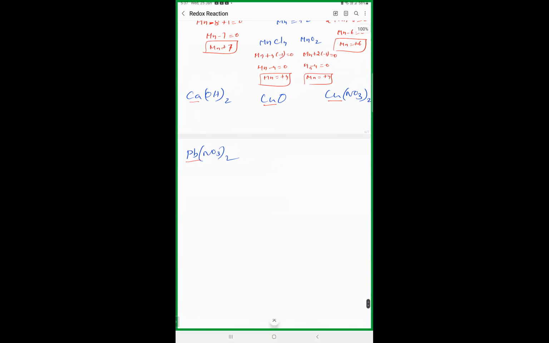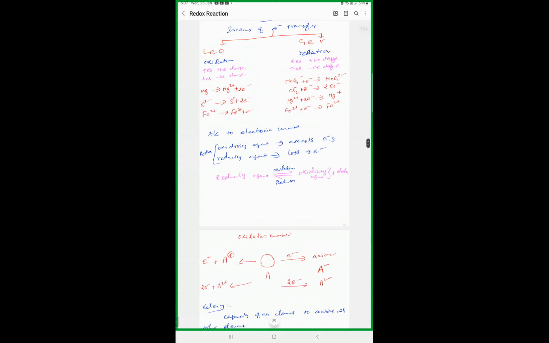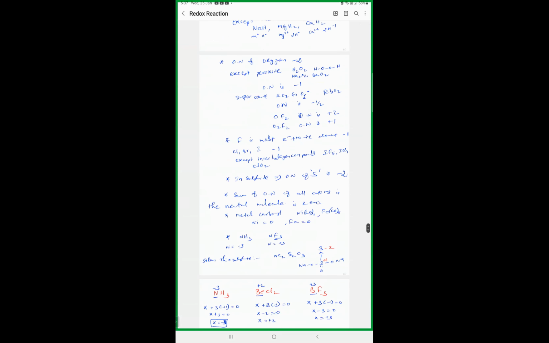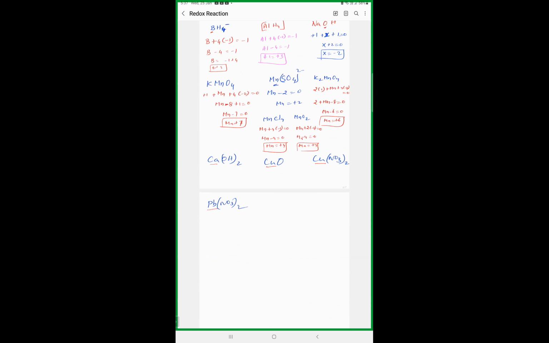Have we found this out? We found out the oxidation state of calcium and copper, in copper and copper oxide, copper and copper nitrate.